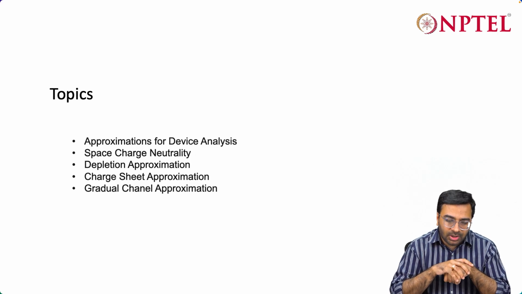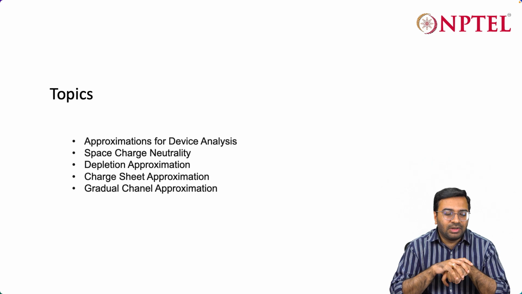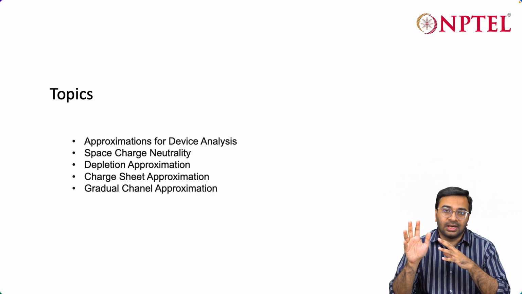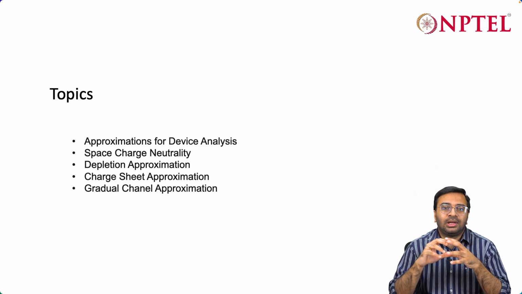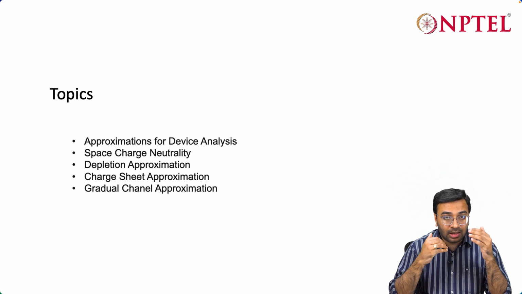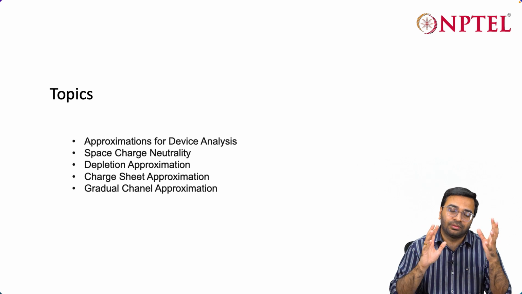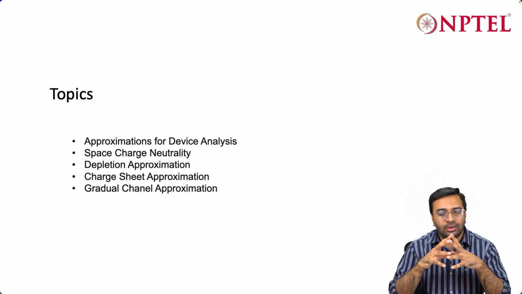When I say approximation for device analysis, that means we will discuss some of the approximations with respect to device analysis. However, we also have discussed some approximations as of now as a part of carrier concentration, as a part of excess carrier, as a part of transport, so on and so forth.